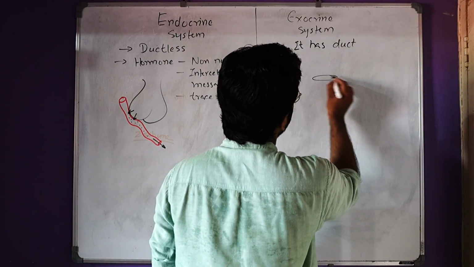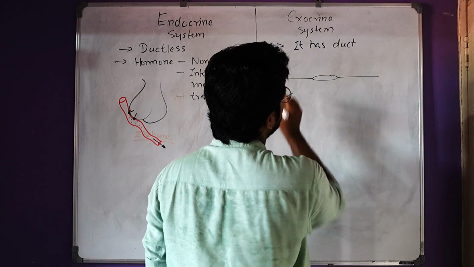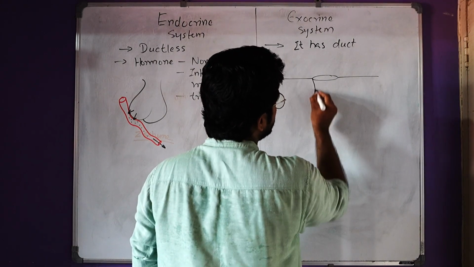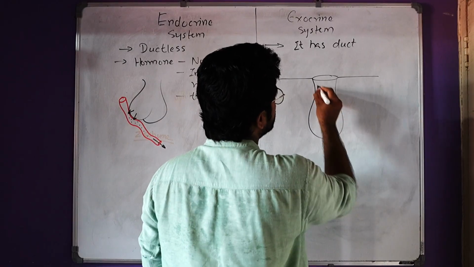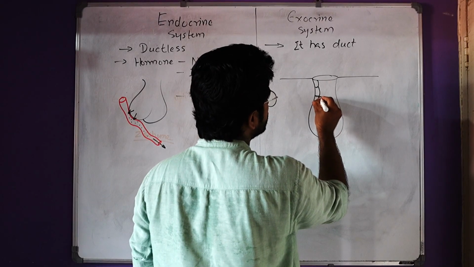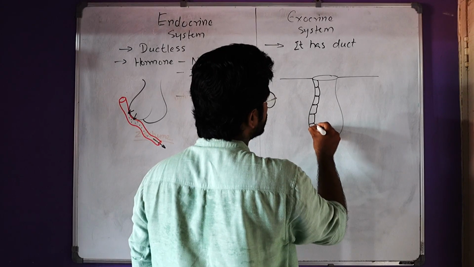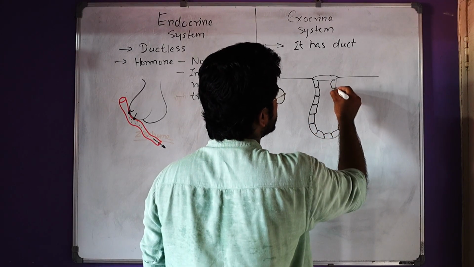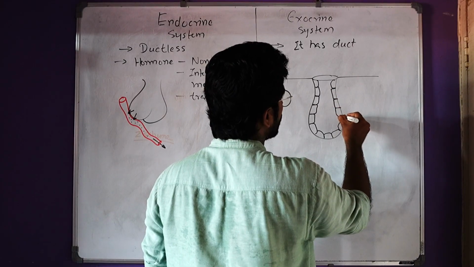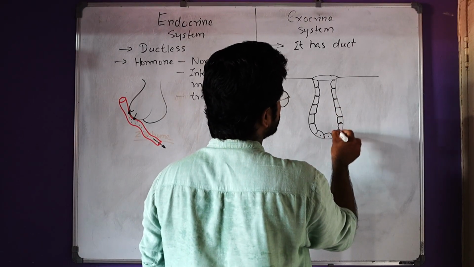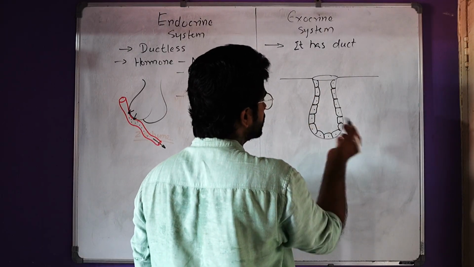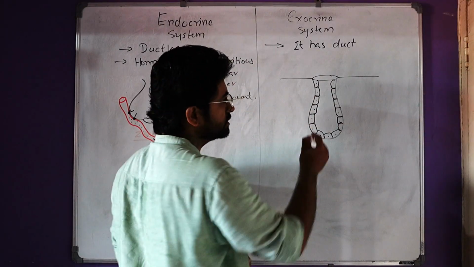Suppose this is a surface of any internal organ or skin surface, and these are cells of the exocrine gland. These cells will release a chemical of any kind, whatever is the kind of exocrine gland, that respective chemical will be released.